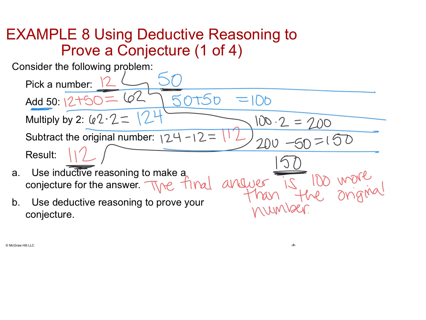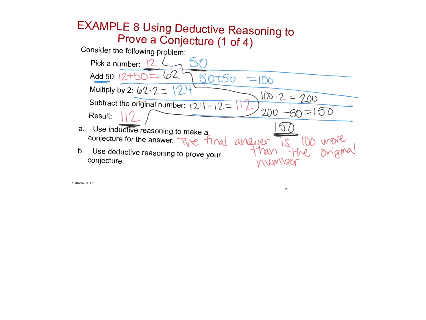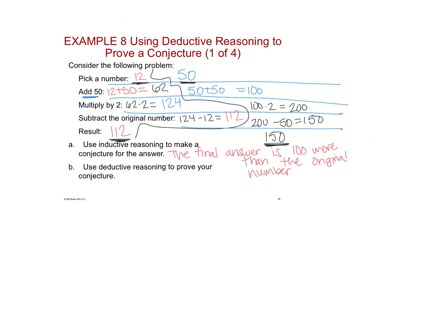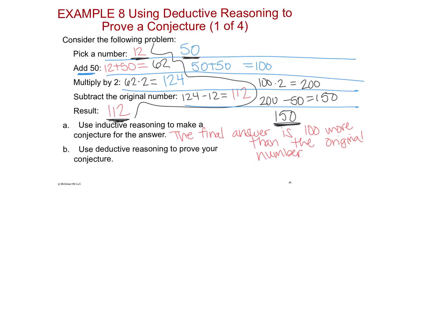Okay, but we want to actually use deductive reasoning to prove that. So we're going to try to prove that that's always going to work, right? To do that, we're going to let A be an arbitrary number. Sorry, my handwriting is not very pretty right now. We're going to perform the operations.